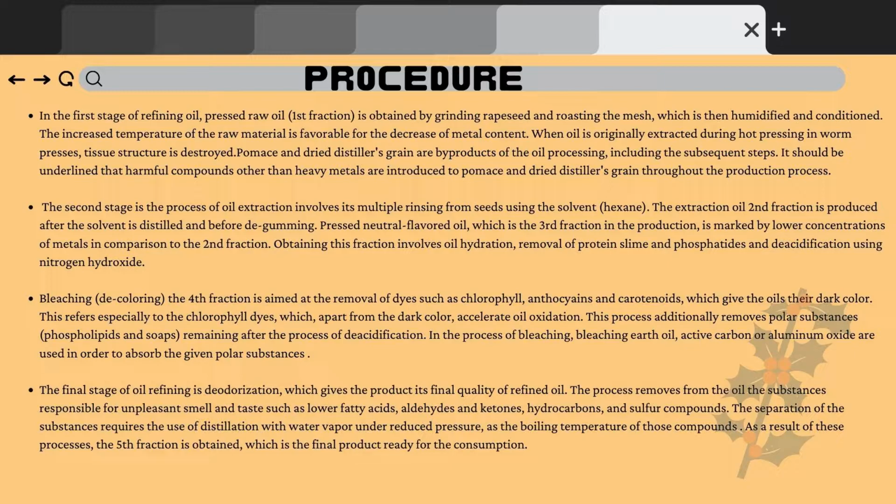The separation of these substances requires the use of distillation with water vapor under reduced pressure, given the boiling temperature of those compounds. As a result of this process, the fifth fraction is obtained, which is the final product ready for consumption.